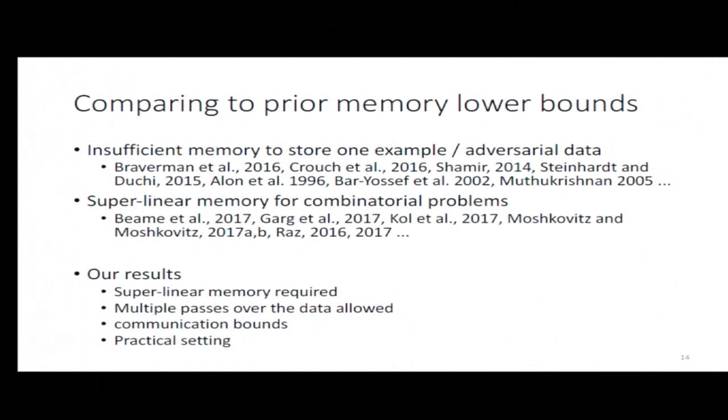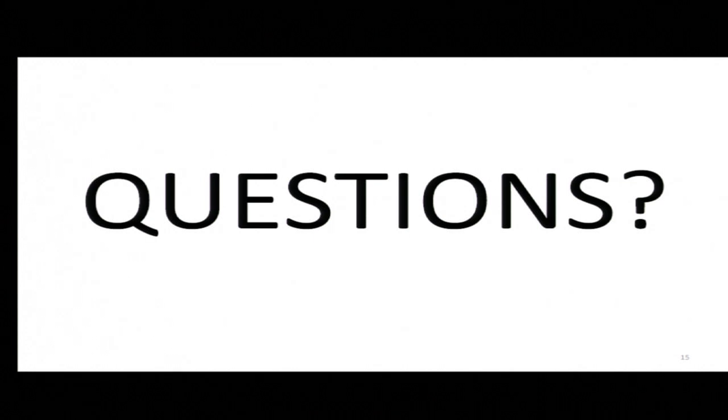So most settings are either settings which are very interesting for the complexity community, but are not used in practical applications, or lower bounds in settings where there is not enough memory to store one sample. And we show a lower bound which is quadratic in the dimension. And yeah, there is a lot of future work, and that's it.